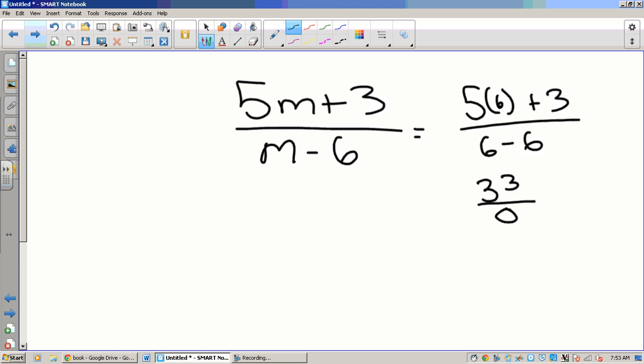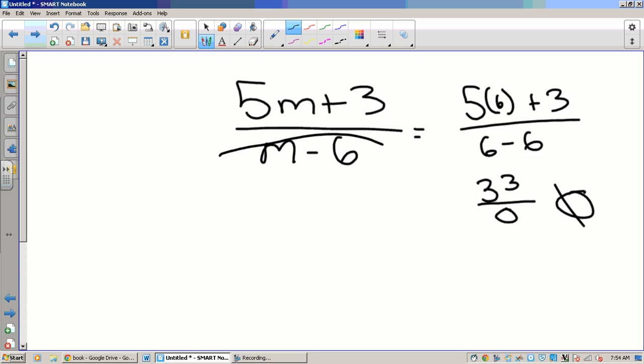What's 33 divided by 0? I hear 0, I hear error. Any division problem is also a multiplication problem. 0 times what equals 33? There's nothing. There is no solution here. So Austin's exactly right.